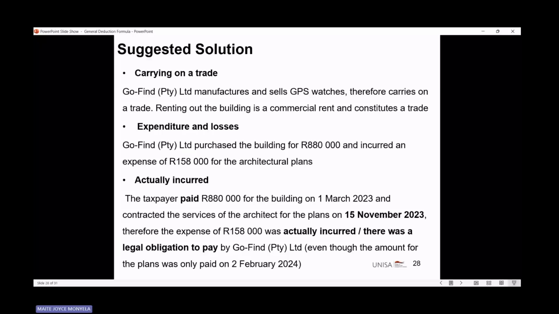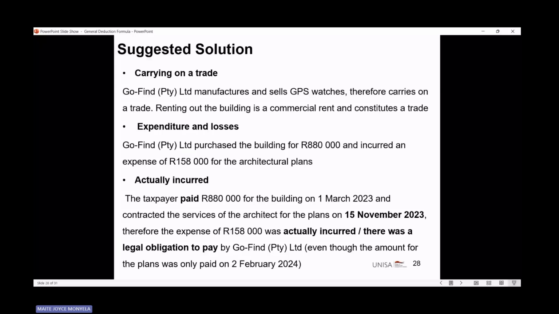Remember on this question, you don't dwell only on the manufacturing and selling of watches. They also rent out the building, and they generate other income from renting of the building. So the expenses relate to renting of the building: they bought a building and they rent it out, which gives them rental income.